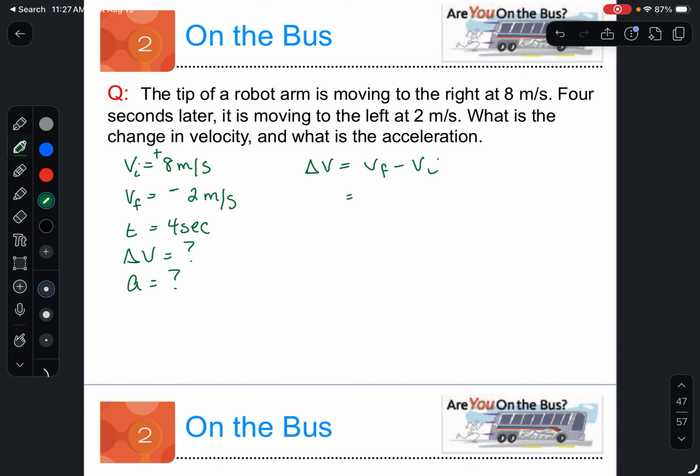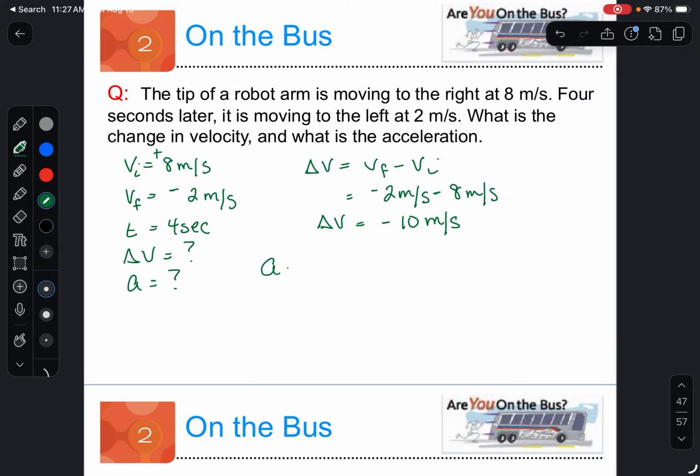Okay, so our final velocity is a negative 2 meters per second, and our initial is subtracting a positive 8 meters per second. So our delta V is going to be negative 10 meters per second.